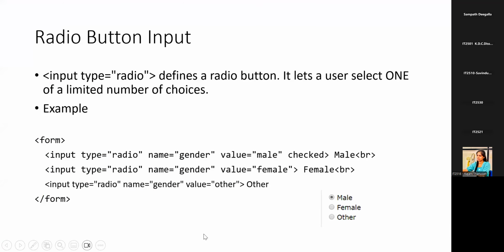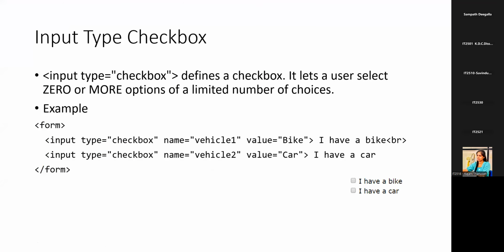This is called radio button. Then we have checkboxes. If you want to get zero or more choices from the user, then we can go for checkbox, right? If you want to get what vehicle a particular person owns, you can use checkbox.